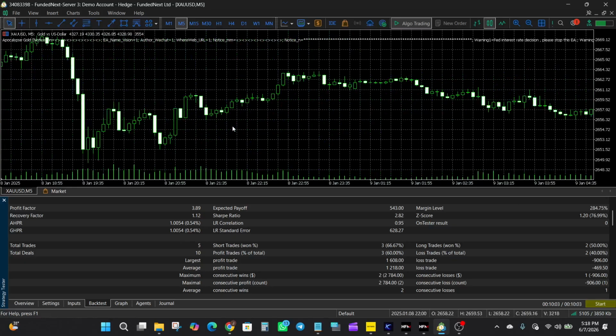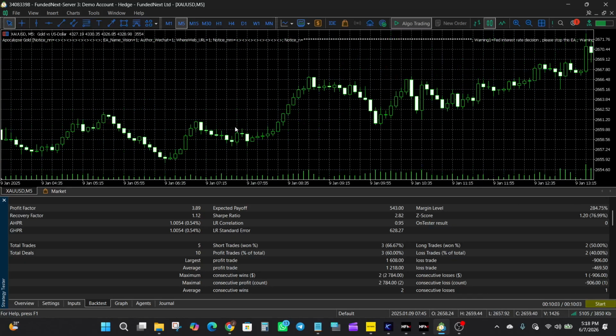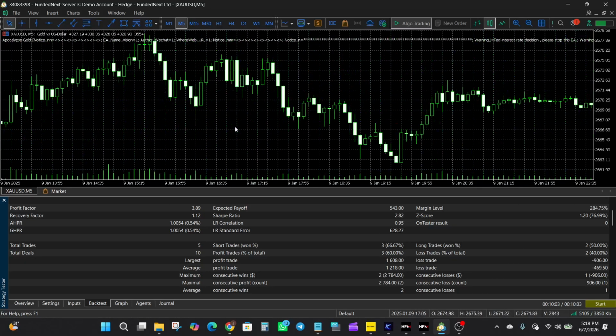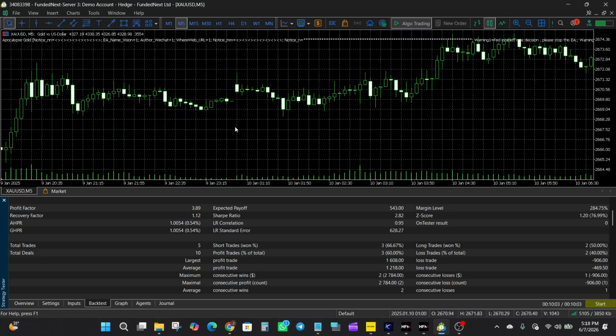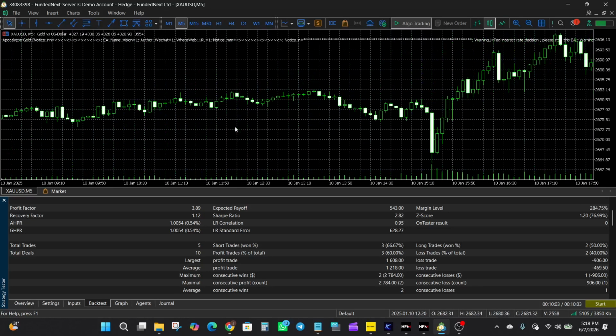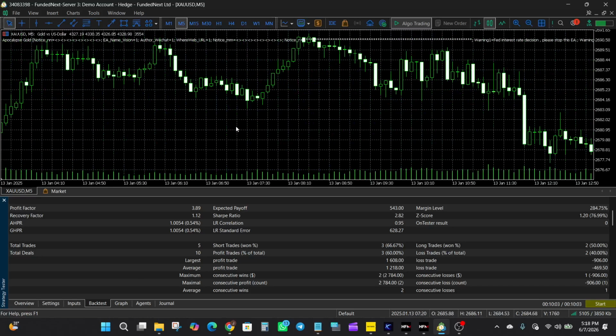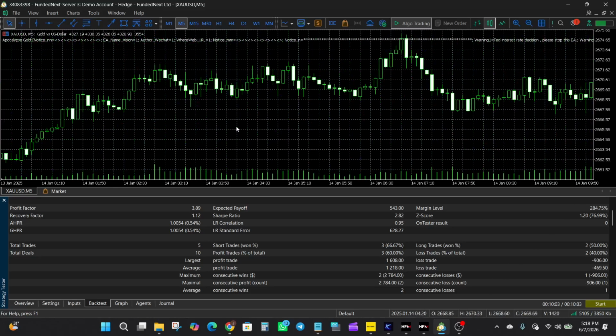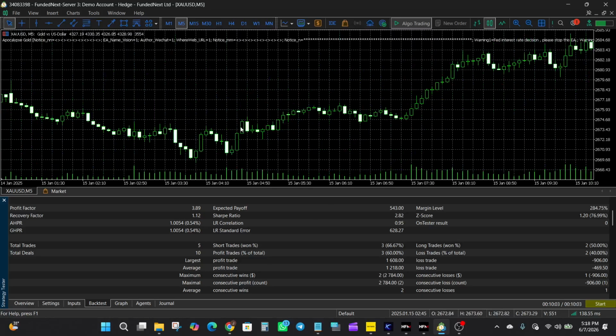All right. So as I scroll through the chart, what I'm looking for is how the EA reacts during trending versus ranging conditions and whether the entries appear consistent with the logic described in the overview, especially around controlled risk per trade and fixed trade structure.